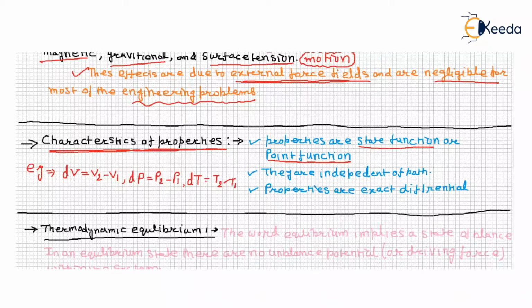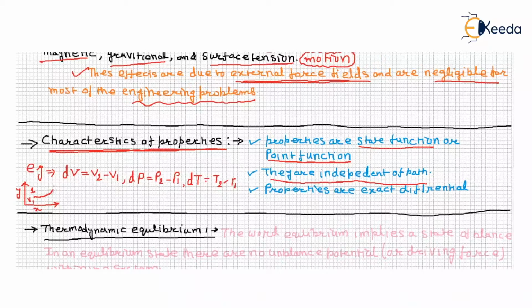Now see, the second line says that they are independent of path. That means if we draw on a thermodynamic plane, y and x, and you define any point 1 with volume v1, and the system executes and reaches point 2 where the volume is v2, right?